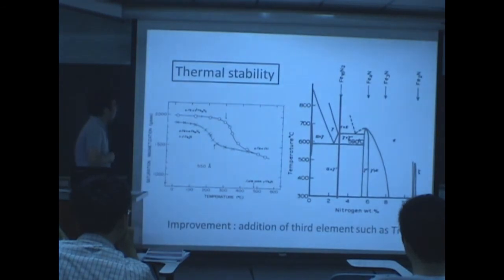To improve the thermal stability, one dopes a third element such as titanium to form titanium nitride, which stabilizes the alpha-double-prime up to 700 degrees Celsius.